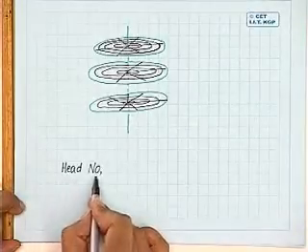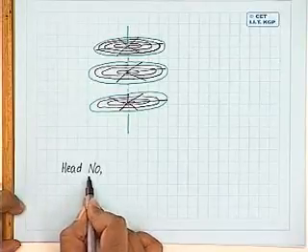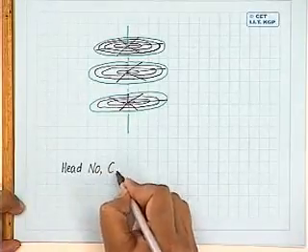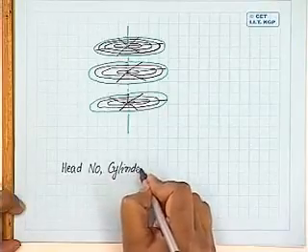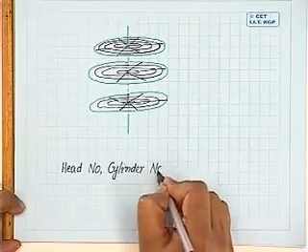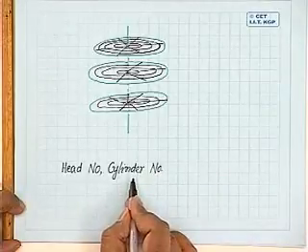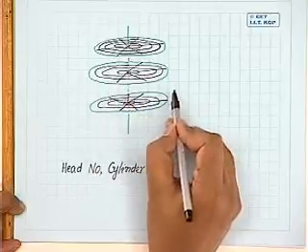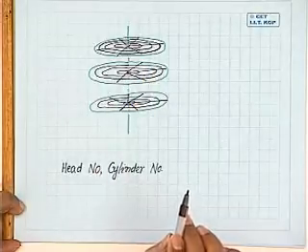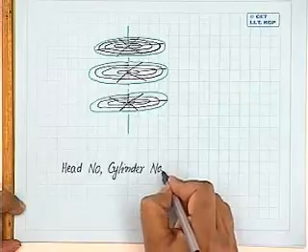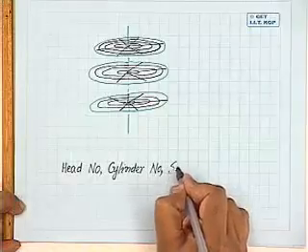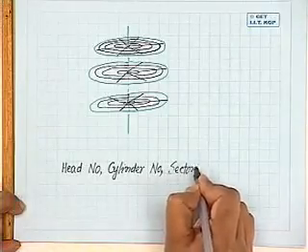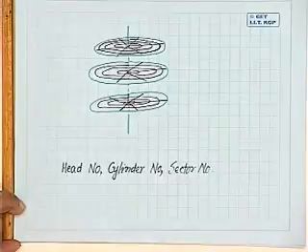So for addressing a particular block, I have to have the head number and the cylinder number. This head number and cylinder number taken together identify a particular track on one of the disks. Once I have identified a particular track, the next thing I'd like to know is the sector number. So the third component in the address will be the sector number.